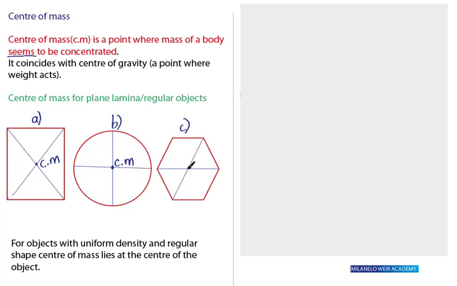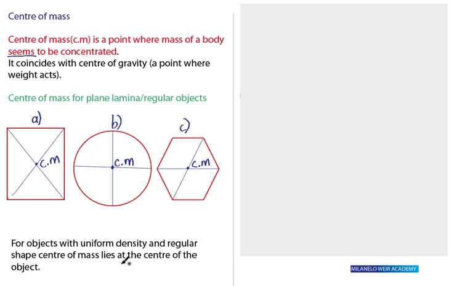For C, they cross here, CM, for center of mass. So as you can see, for objects with uniform density and regular shape, the center of mass lies at the center of that particular object. So regular shape with uniform density, the center of mass is at the midpoint.